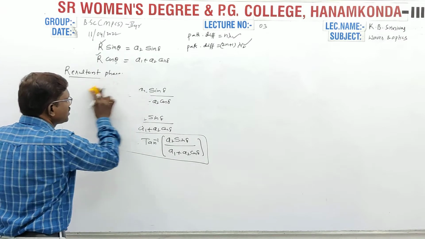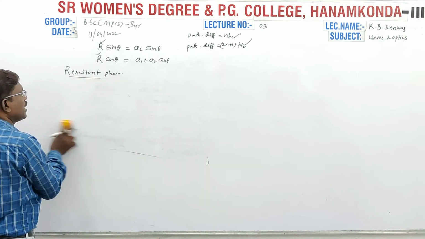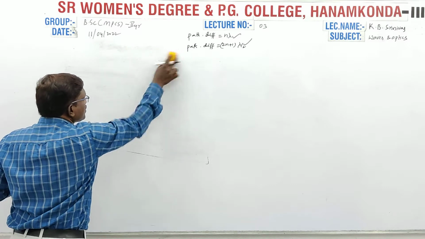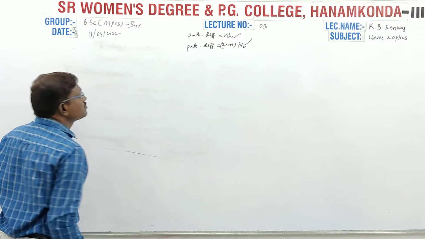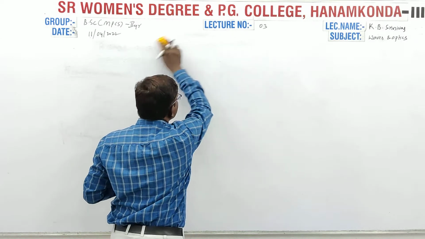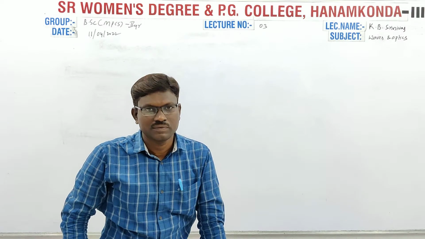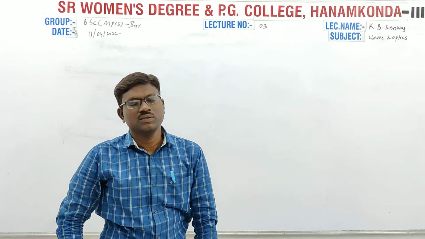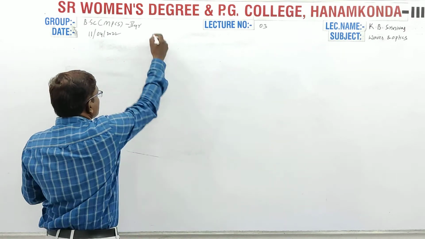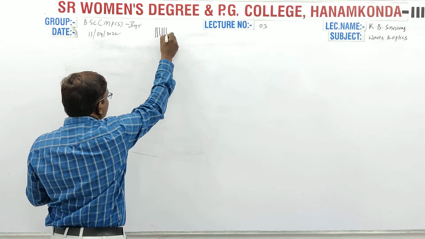What is fringe width? In the previous class I explained fringe width. After forming interference fringes, we can calculate fringe width. The distance between successive bright fringes or successive dark fringes is called fringe width. Generally, interference fringes consist of bright and dark fringes like this.